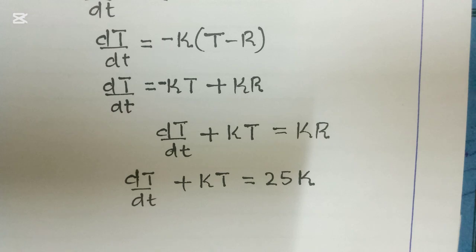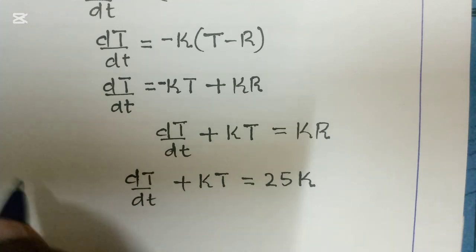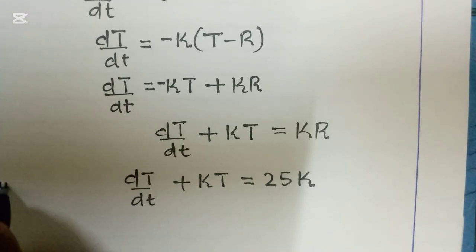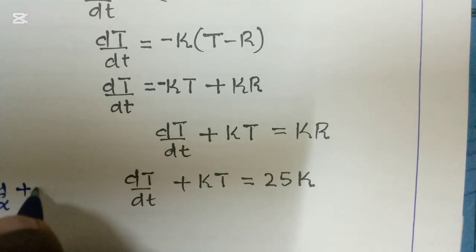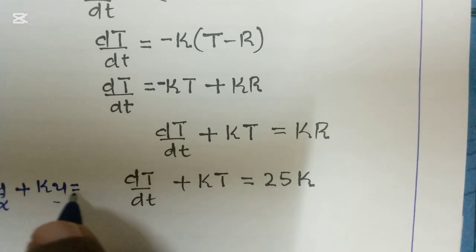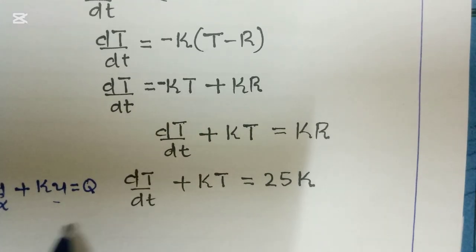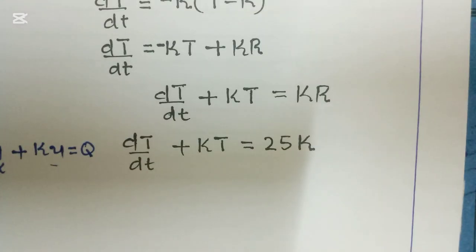So guys, from there, we have already formed a first order differential equation. You can compare this with dy over dx plus ky equals q. You can see this one is similar to that. The principle we use here is what we call the integrating factor.